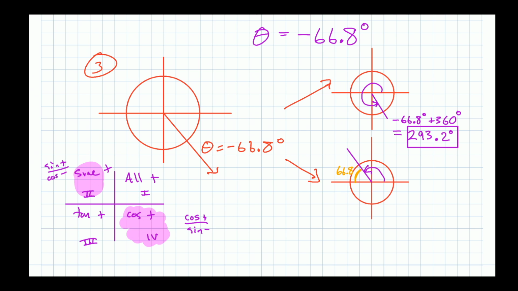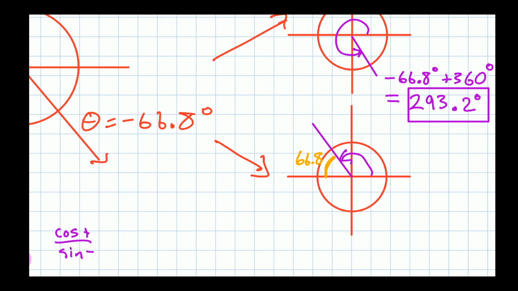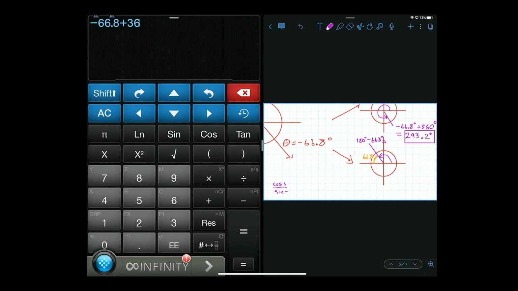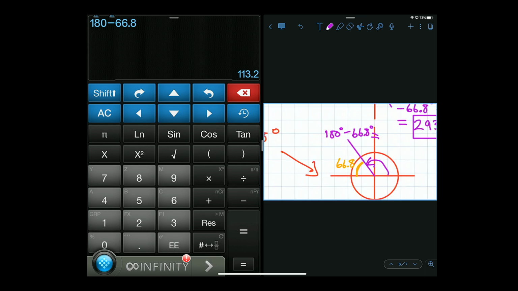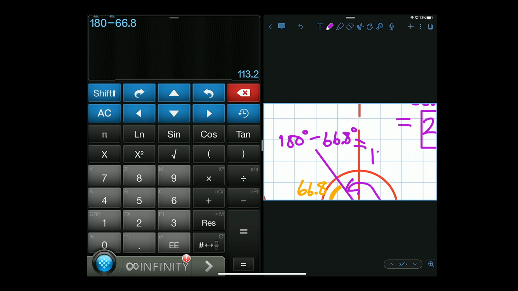So if you're going to calculate this purple angle, the way you would have to calculate it is to take the 180 and then minus the 66.8 to get that angle. That's 113.2. That's that one.